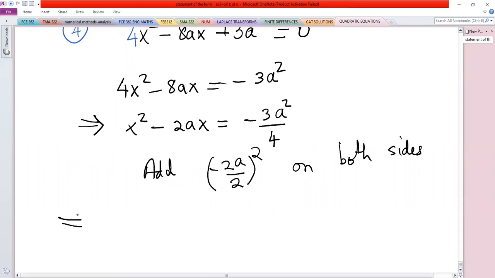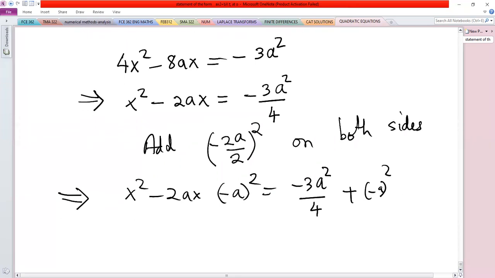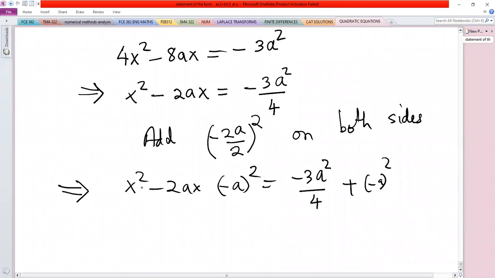So this means we'll have x squared minus 2ax plus minus a squared equals minus 3a squared over 4 plus minus a squared. Now you pick x, you join to minus a, then square.